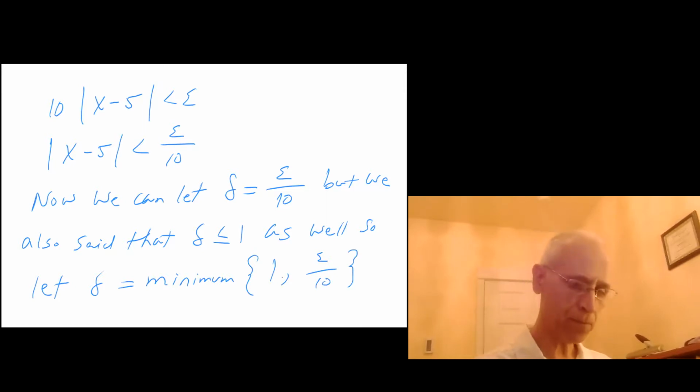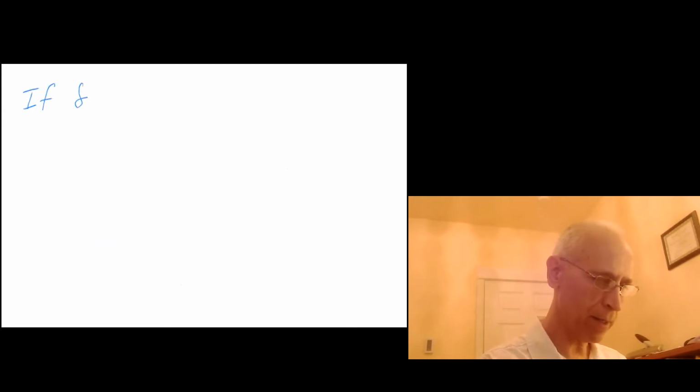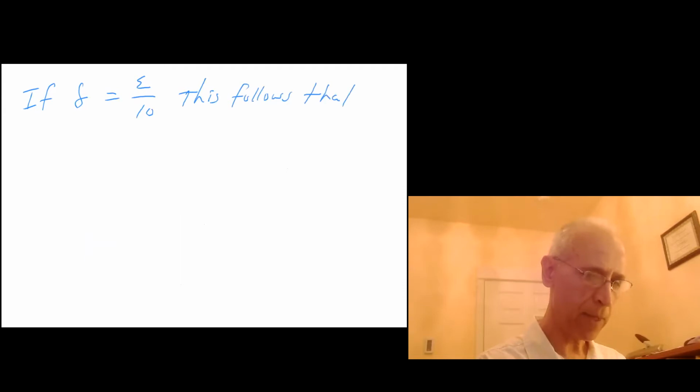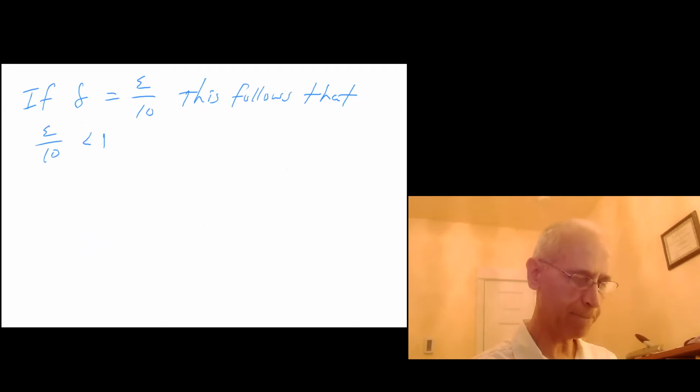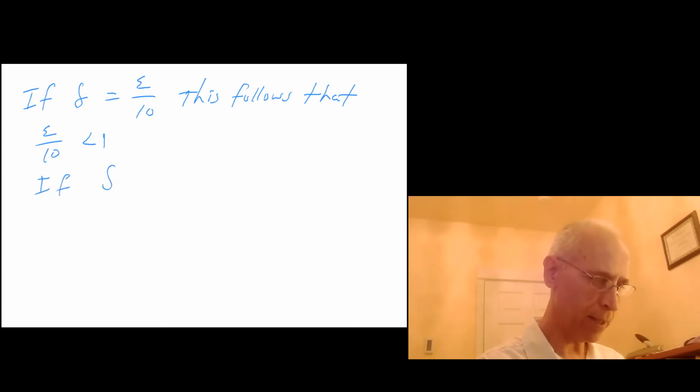Okay. Going to the next page. If delta equals epsilon over 10, it follows that epsilon over 10 is smaller than 1. And I can say if delta equals 1, then 1 is smaller than epsilon over 10.